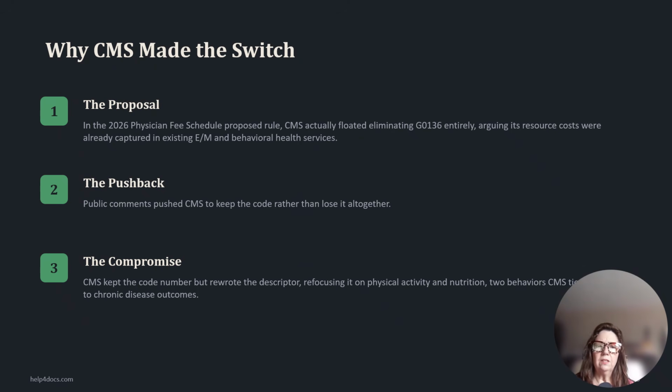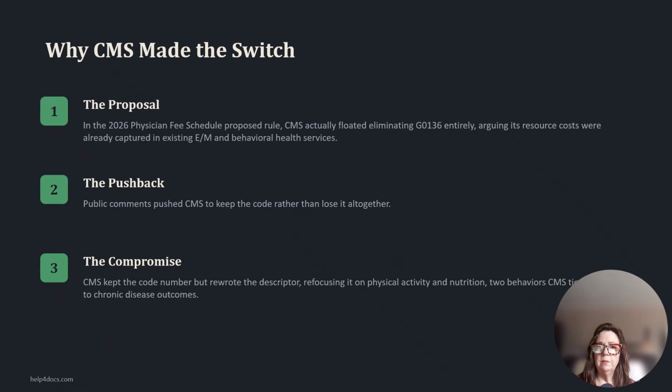So why the change? We need to understand the path here, because it tells you how firmly CMS is committed to this new direction. In the proposed rule, CMS actually wanted to eliminate G0136 completely. Their argument was that the resource costs were already baked into E&M and behavioral health codes.